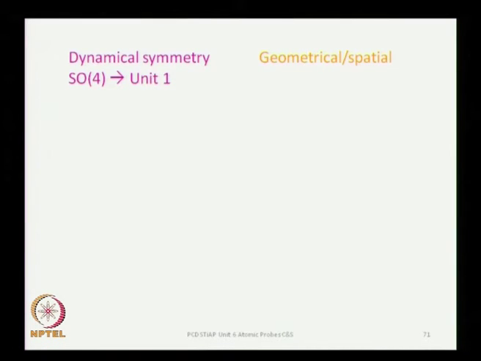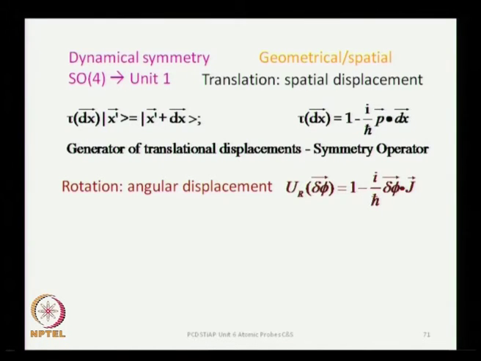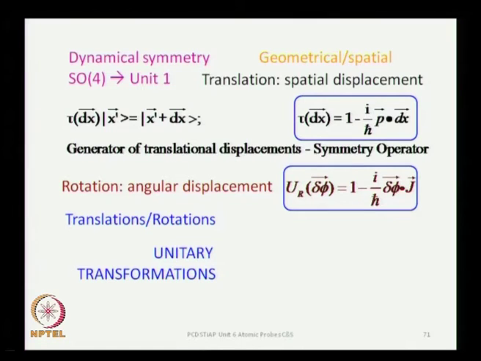So far as the geometrical symmetries are concerned, you have the translational symmetries generated by the linear momentum, which is conserved in translationally homogeneous space. You also have the angular momentum, which is the generator of rotations.